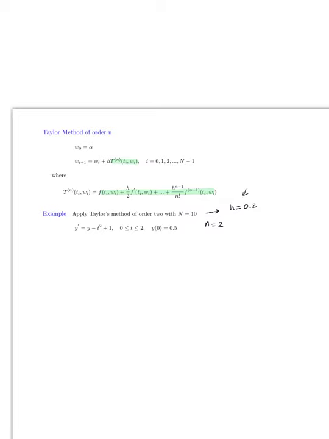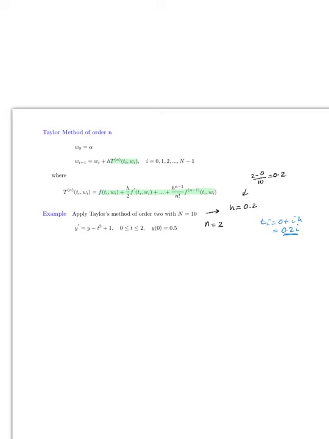Remember, this was b minus a over N. So that's how we get the 0.2. And the value for ti is equal to a, which is 0 in this case, plus ih. So therefore, in this particular example, this is just equal to 0.2i.